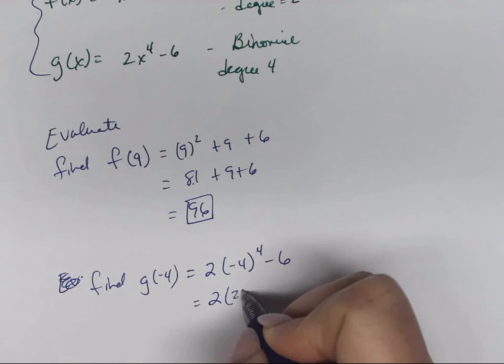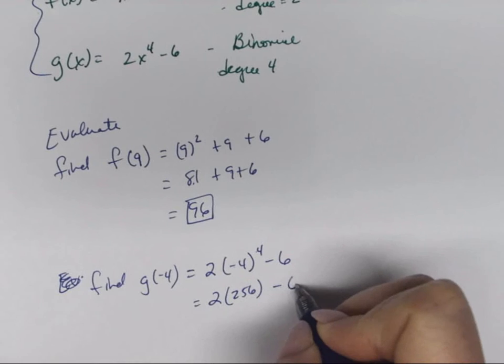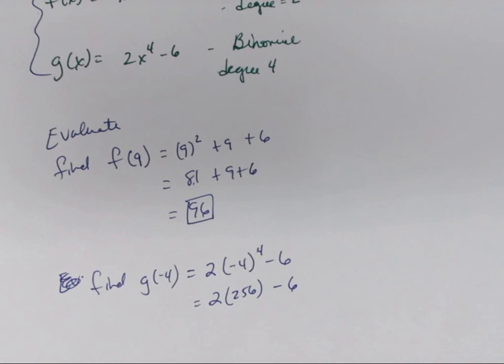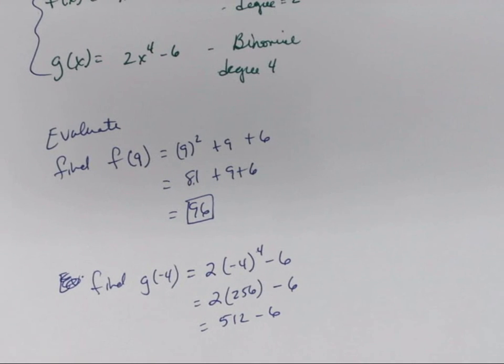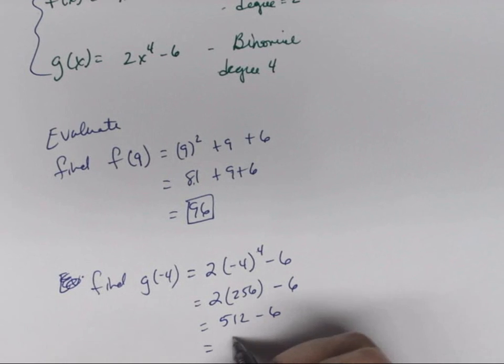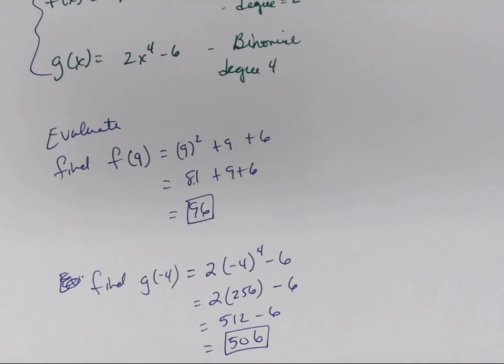So it'll be 256 and then minus 6. 256 times 2 will get us 512 minus 6, and that's going to get us a total of 506. So that would be our answer on that.